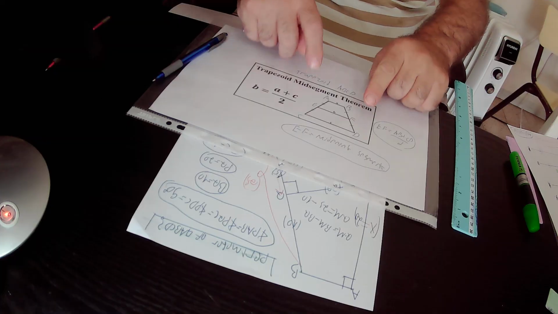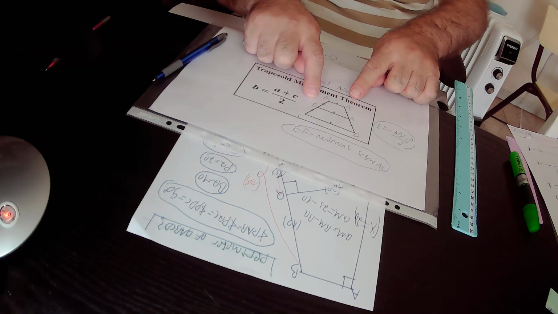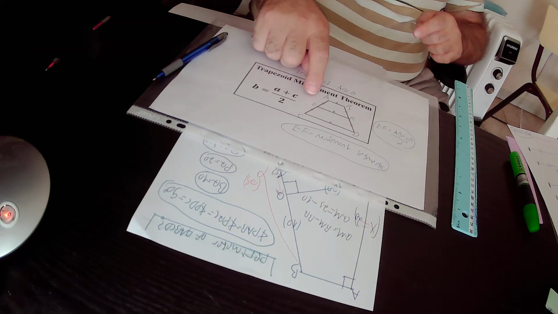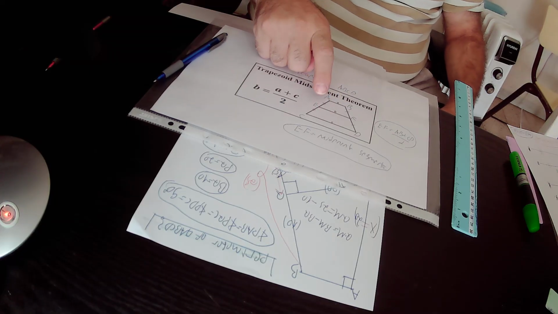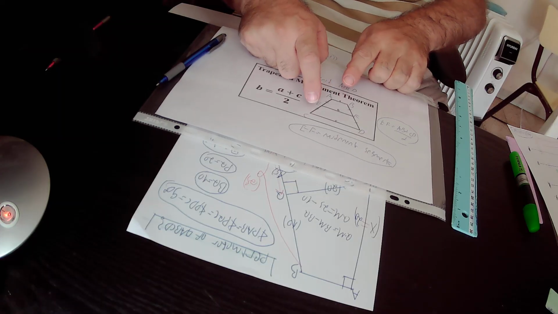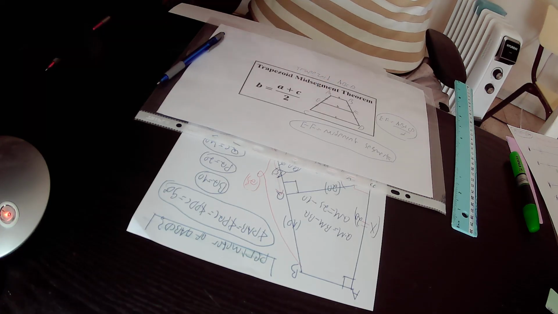What is the length of segment EF? Segment EF equals AB plus CD over 2. AB plus CD is the sum of the lengths of the bases, over 2. So EF equals the sum of its bases, that is AB plus DC, over 2.